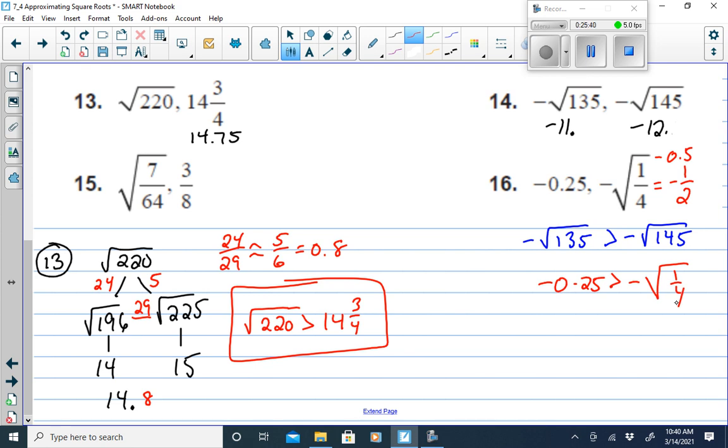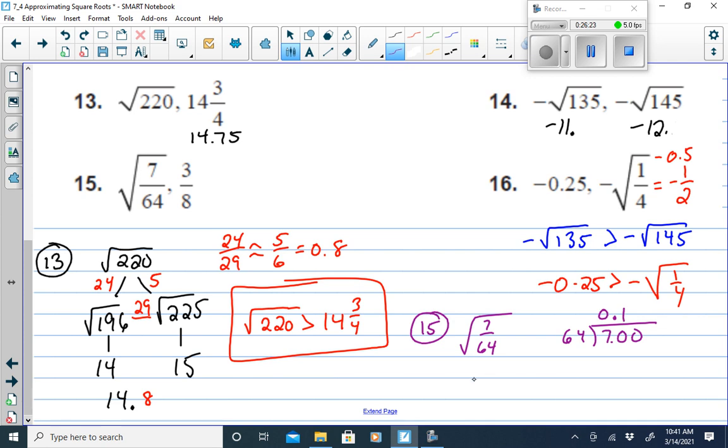All right, now let's do 15. I'm going to squeeze 15 down here. What are we going to do with 15? Well, 7 over 64, how are we going to do that? The square root of 7 over 64, we're going to have to divide that. So let's do that. 7 over 64, when we divide 64 into 7, that's going to be about 0.1.